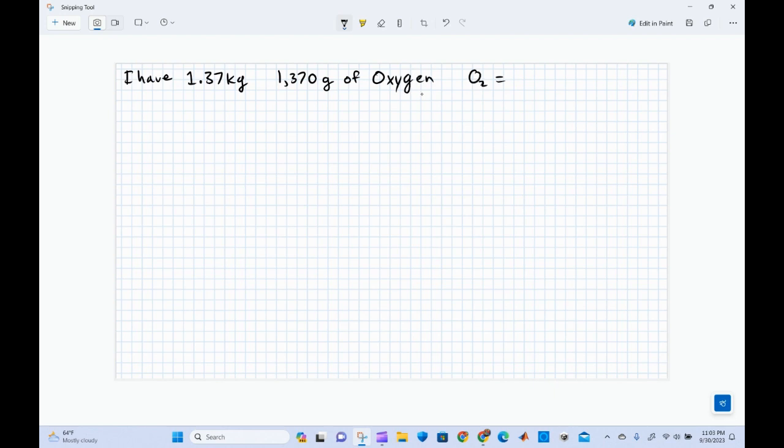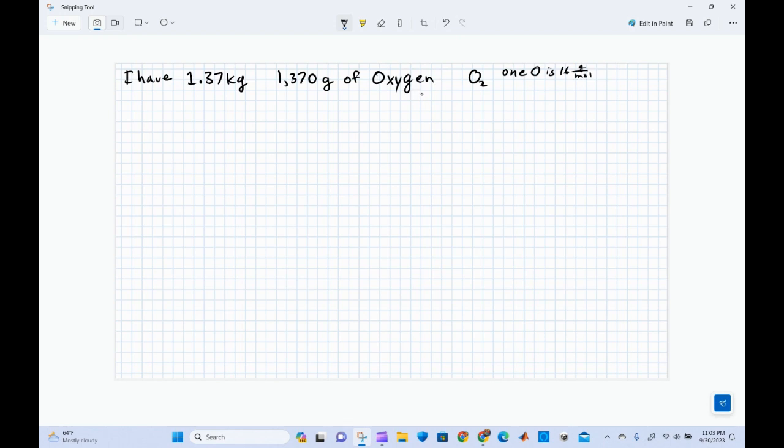So I know that's one oxygen. One O is 16 grams per mole.